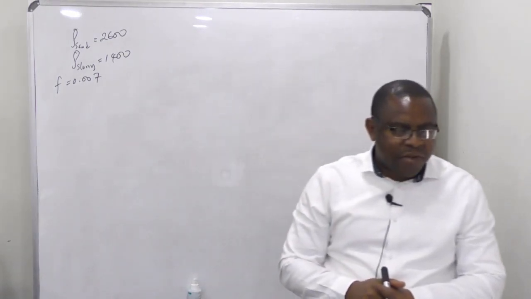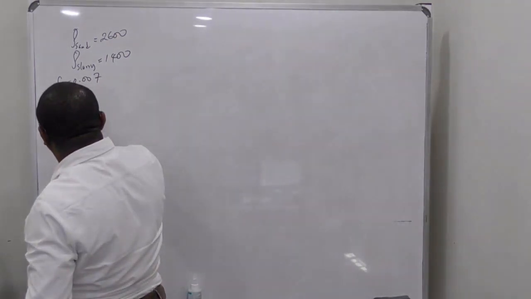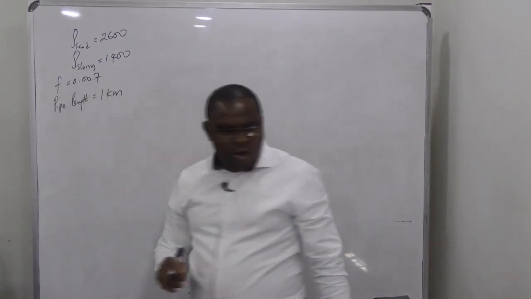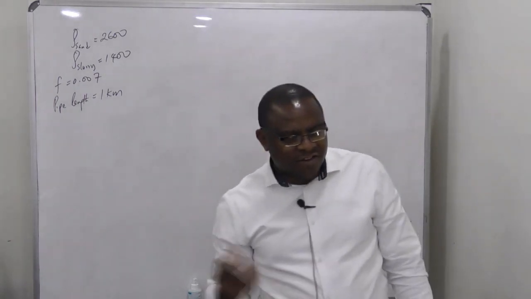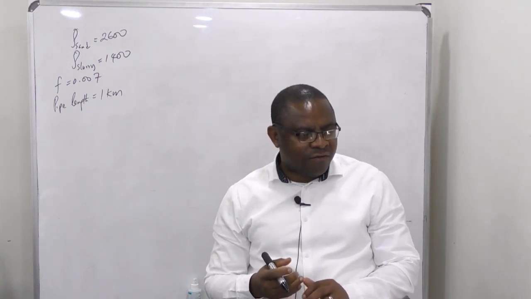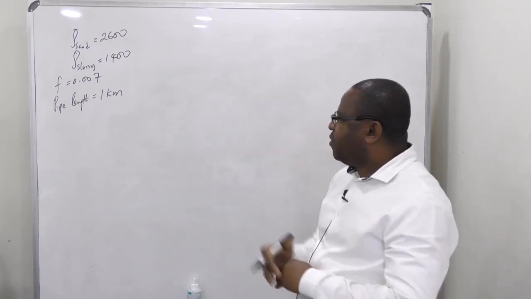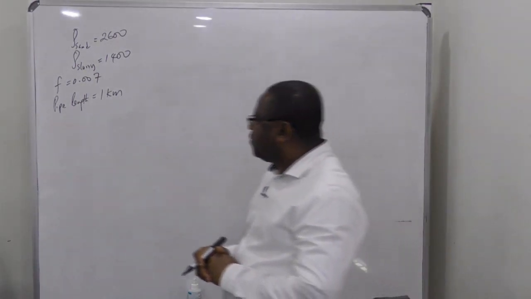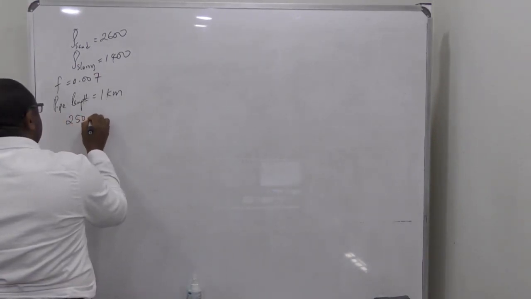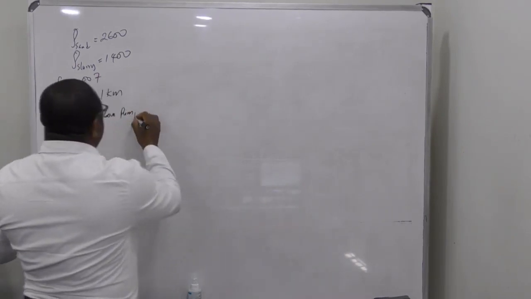And then the pipe length is 1 kilometer, and discharges 250 meters above the pump. Okay, 250 meters above the pump.